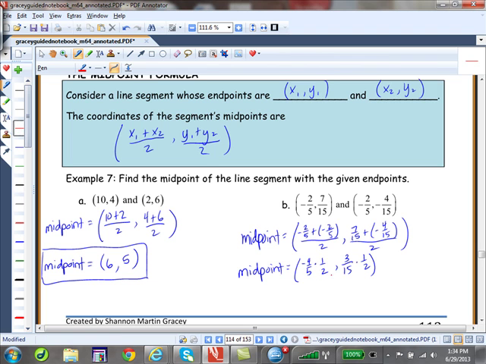This 2 divides out some of the 4, and the 3 divides out some of the 15. So our end result for our midpoint will be, oops, the ordered pair. What a surprise! Negative 2/5. And then we'll have 1 times 1 over 5 times 2, so we'll get 1/10.